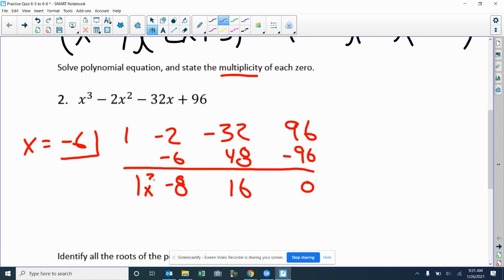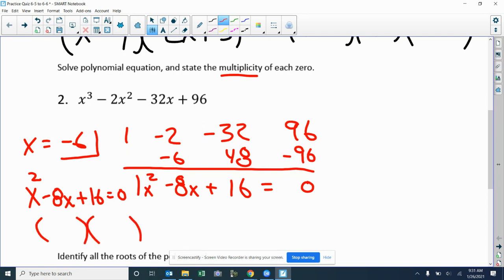We're down to our quadratic. Okay, so we have x squared minus 8x plus 16 equals 0. That should look familiar to us. What is it? Perfect square trinomial.